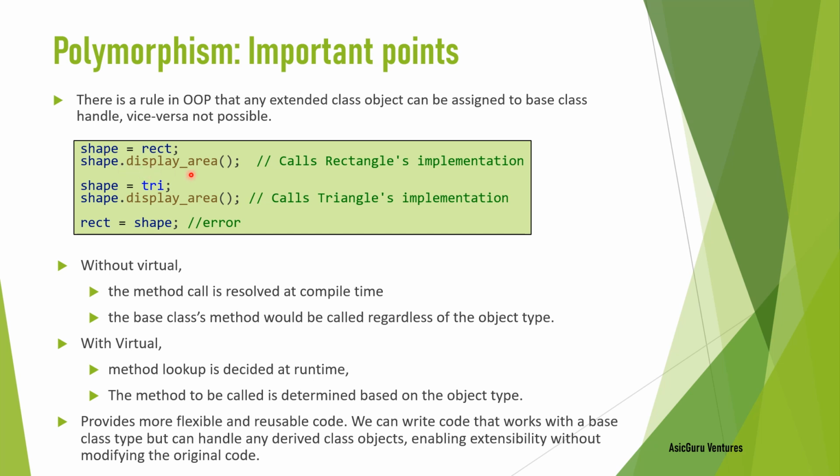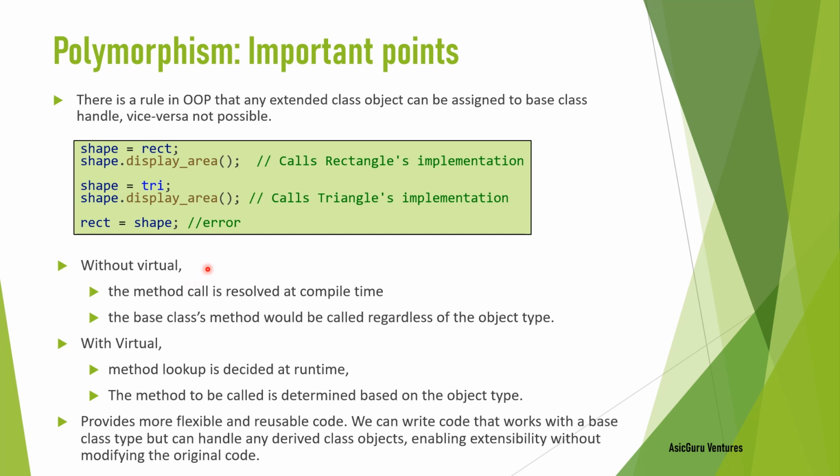And shape.display area would call the rectangular version of the method. Next, shape equals triangle would call the triangular version of the display area method. Next, we are assigning a base class object to a derived class handle. So this is not allowed and it would throw an error.